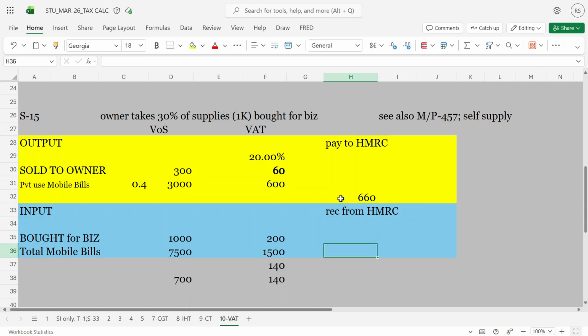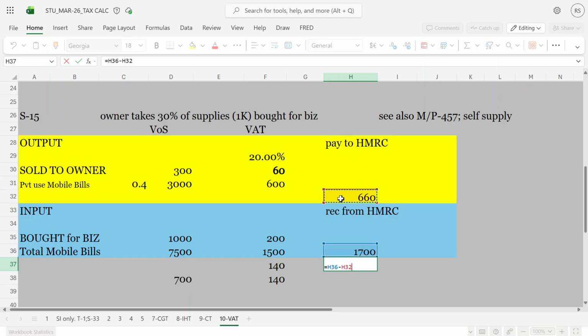So the receipt from HMRC, the net, let's say the subtotal is this plus this, so 1,700 to pay. So the net receipt from HMRC is only 1,040. Is this clear? Are you following this here? So remember these adjustments, okay? For private use, for supplies, self-supply to owner, this is how it should be treated.